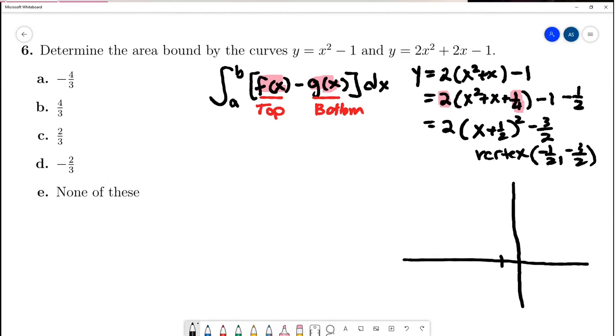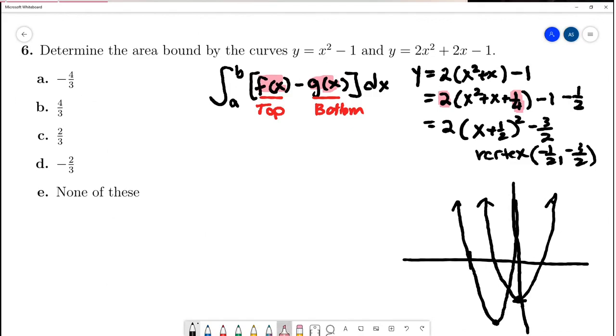The vertex of -1/2, let's say this is 1, -1/2, and -1/2 would be here. And the other curve, x squared minus 1, looks something like this, shifted down 1 unit.